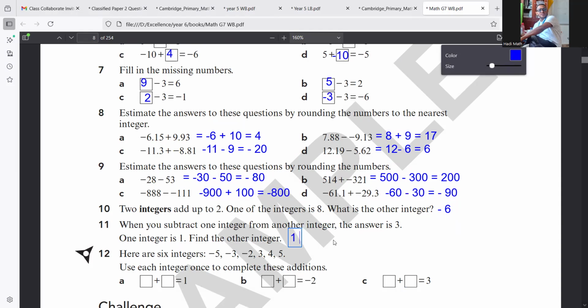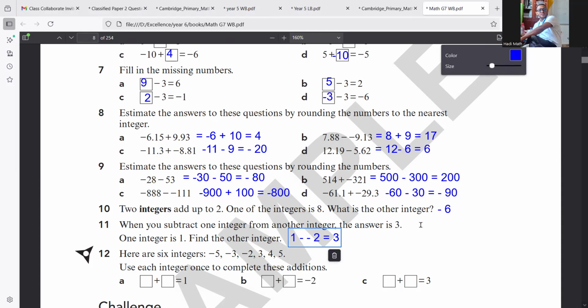You subtract an integer from another, the answer is 3. One of them is 1. So you have got two options. Either it is 1 minus -2, and that gives you 3.